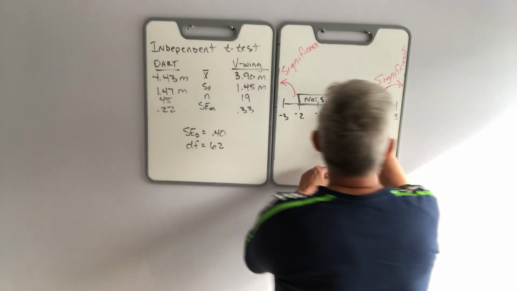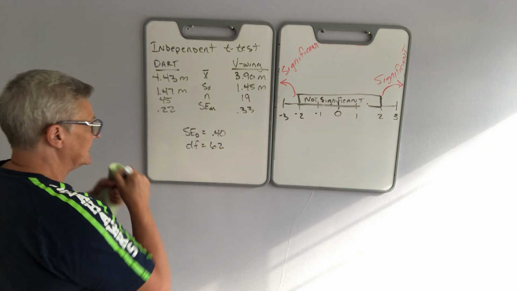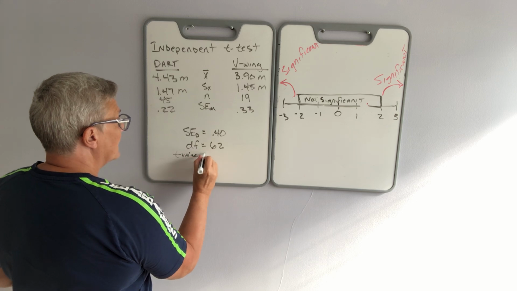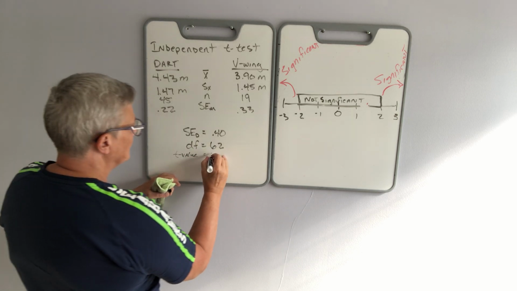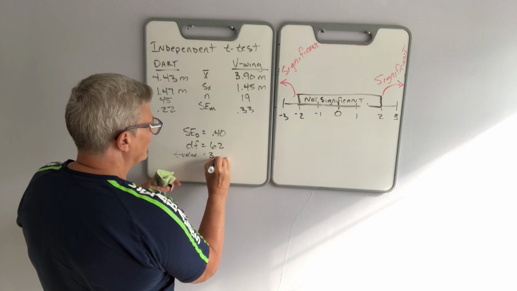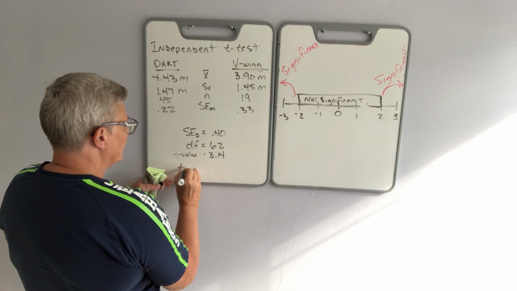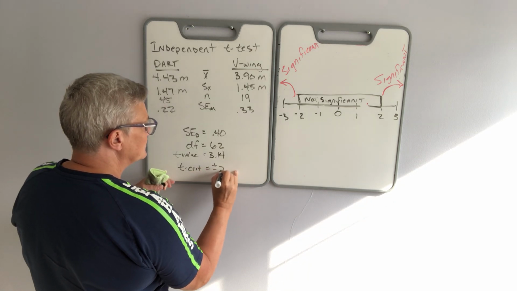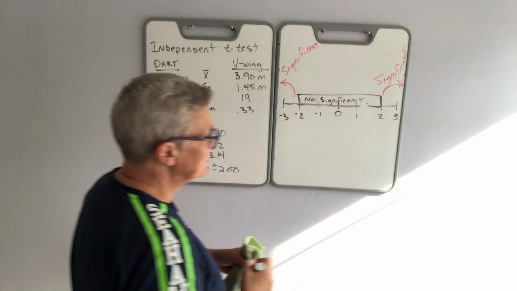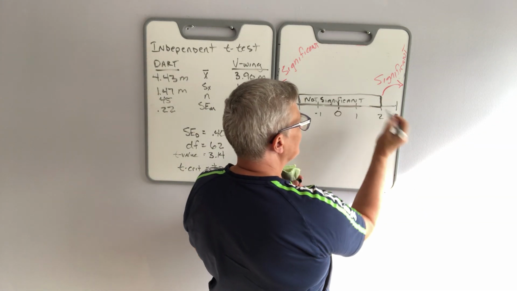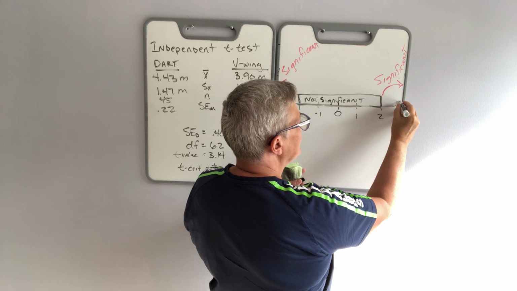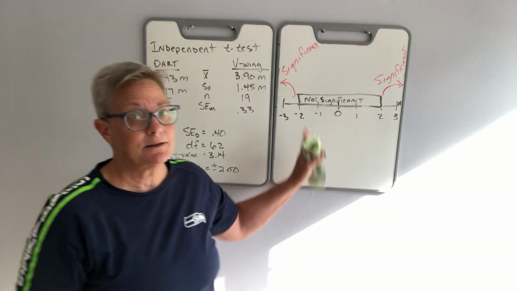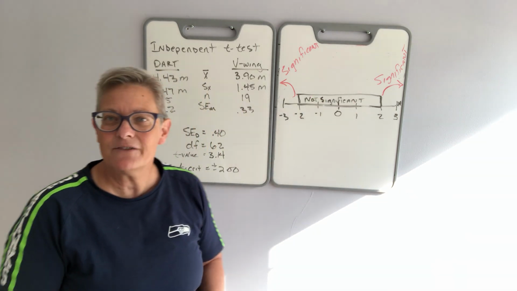Let's say that I get a t-value equal to 3.14. And my t-crit is still going to be plus or minus 2.00. So I go out here and I see my t-value, 3.14 would be all the way out here, right? And that's not inside the box. So there's a significant difference.